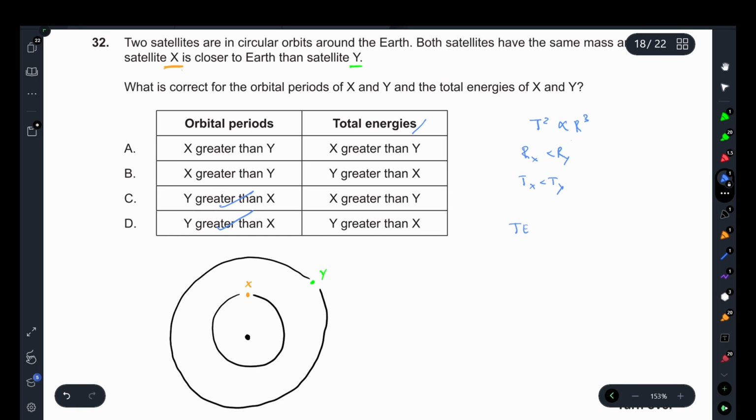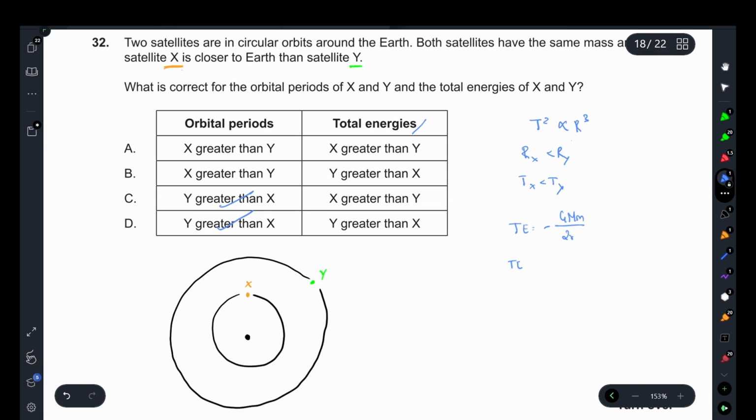Next, we'll go on to total energy. Now, the formula for total energy should, in theory, be memorized, but you don't have to memorize it. You can add together the potential and kinetic energies and find out how that goes using formulas from the data booklet. Kinetic energy will be half mv squared, potential energy similarly. So total energy is minus GMm by 2r.